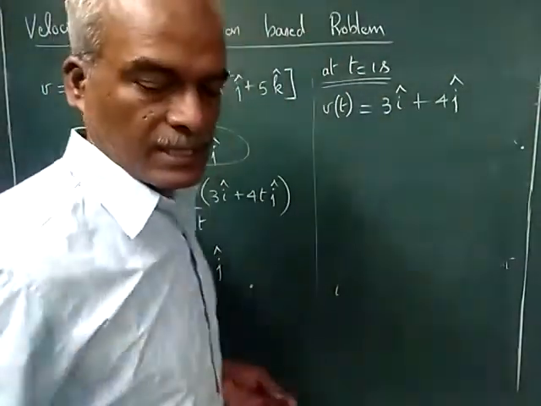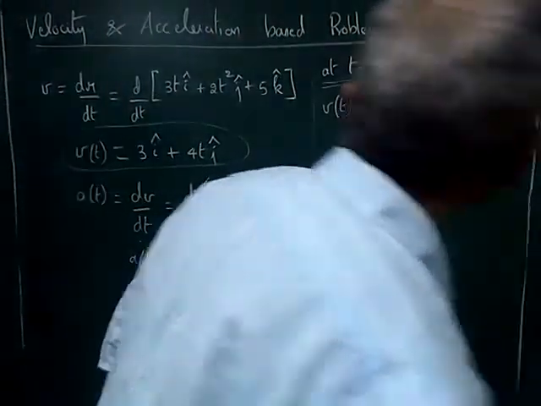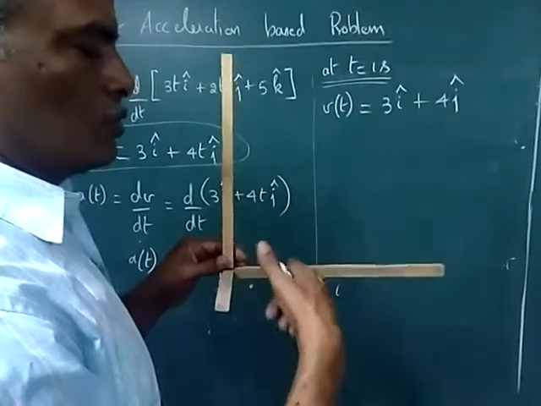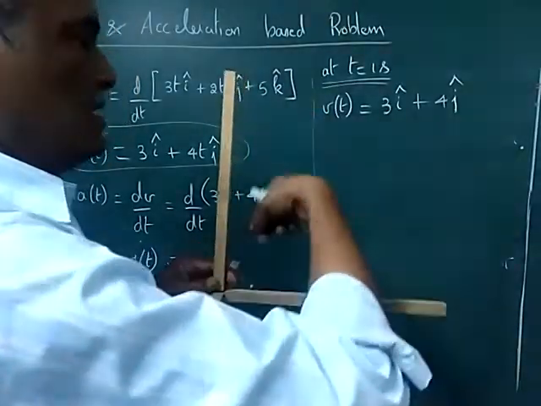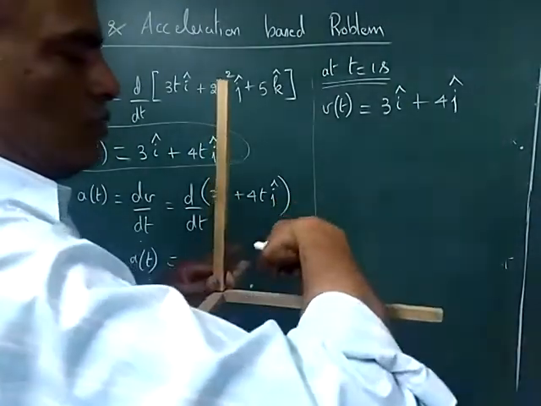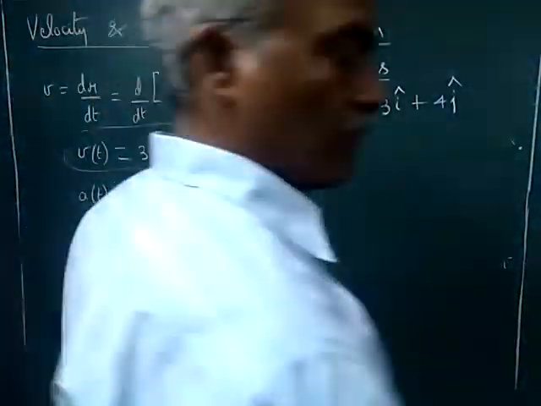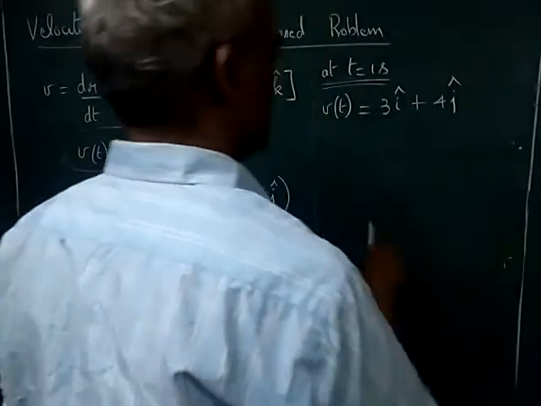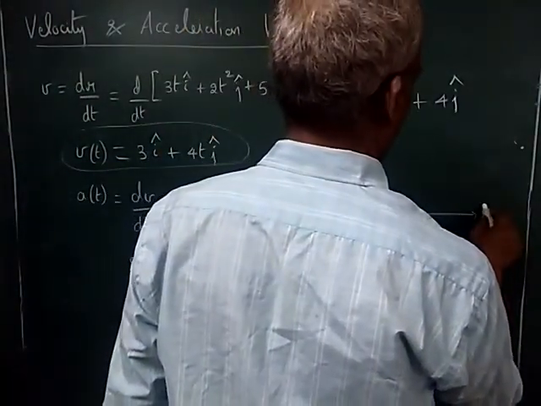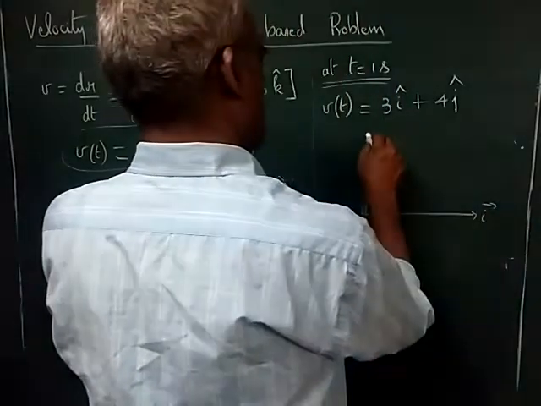How to understand this vector? This is 3, this is i, so you take 1, 2, 3, and this is j, 1, 2, 3, 4. So the meeting point, you will have some magnitude and some angle that we have to find out. So I will plot in the graph. Assume this is i vector, and this is j vector.